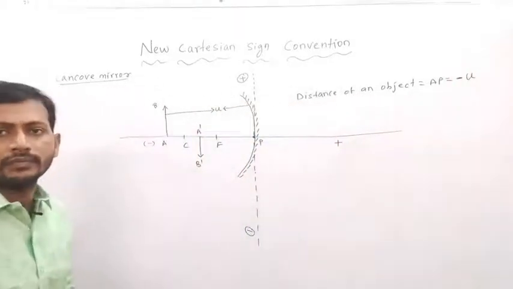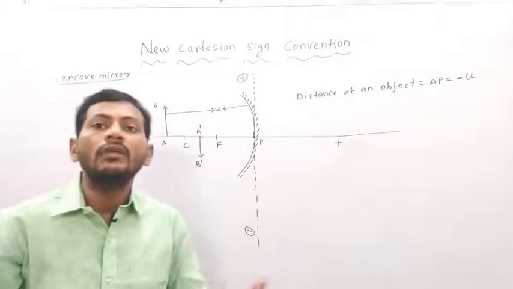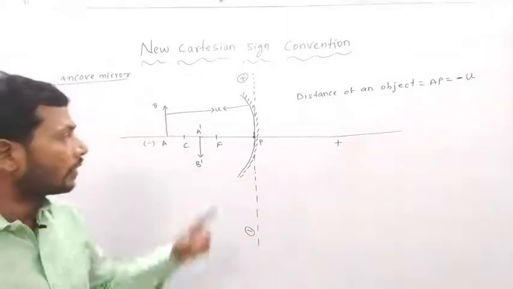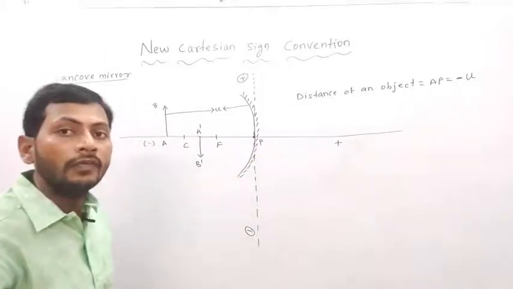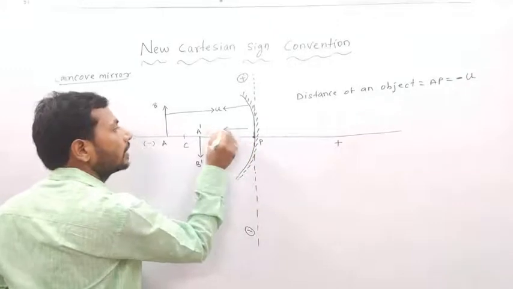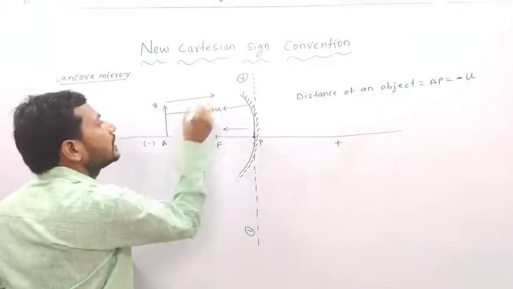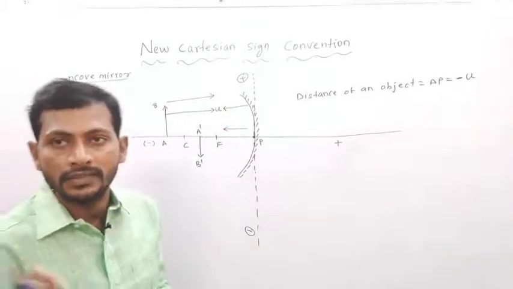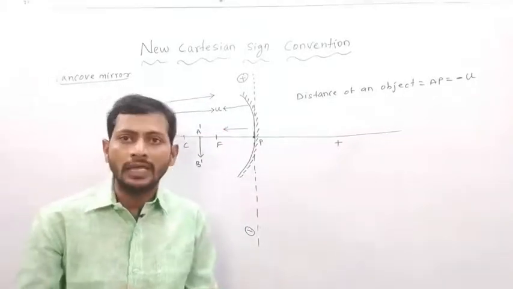In some reference books they give it like this: we have to measure distance from the pole, and if the direction of measuring and the direction in which the incident ray is traveling are opposite, you have to take minus. This is a little confusing for class 10 children.